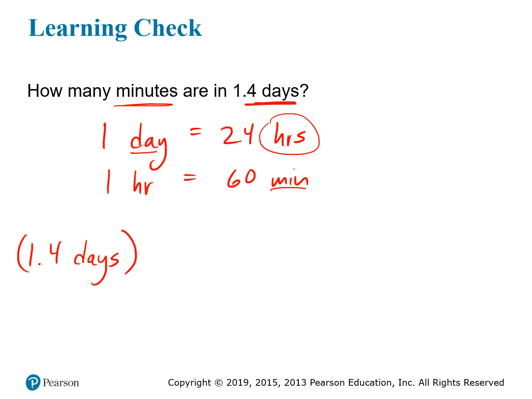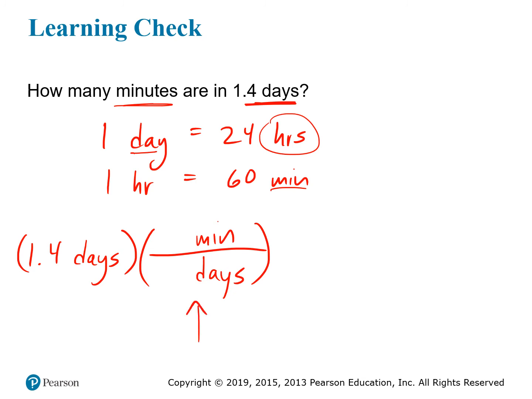If you want to convert days to minutes, in the best case, you could do it in one step with one conversion factor. You want to cancel days, so days would go in the bottom, and you want to end up with minutes, so minutes would go on top. When you see this, though, you should start asking yourself a question. Do I know the relationship between days and minutes?